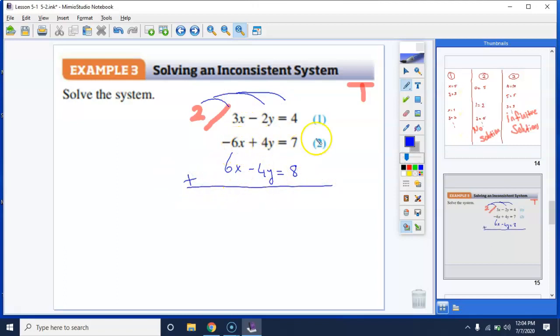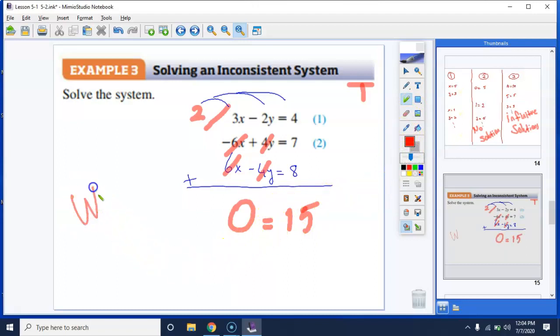Negative 6x, positive 6x, cancel each other. 4y minus 4y, cancel each other. So we got nothing left here, we got a 0 here. But on this side, 7 plus 8, we got 15. As you see, 0 is not even equal to 15, right? That's wrong.